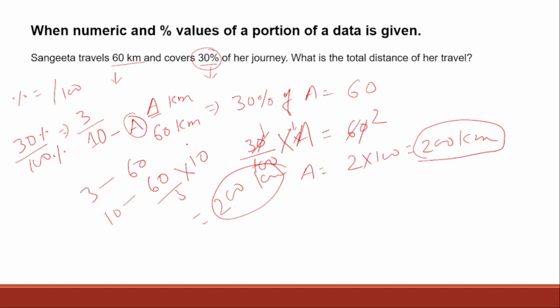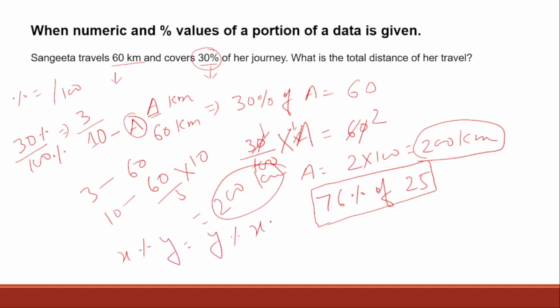Let's take a different example to understand this fraction method. Suppose you have to find out the 76% of 25. Here comes another concept: x percent of y equals y percent of x.